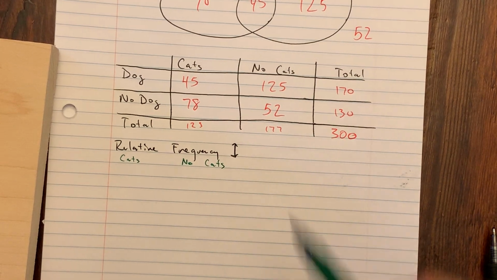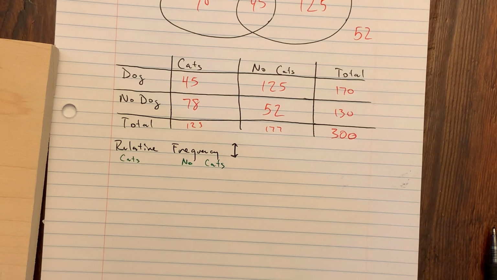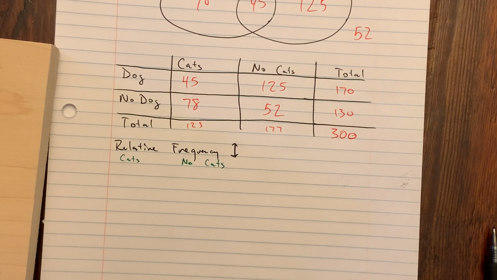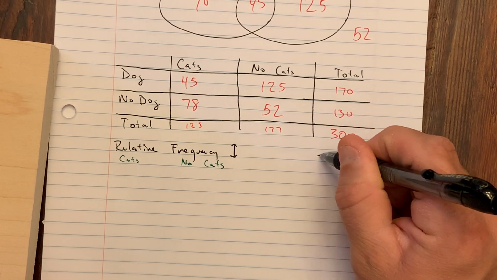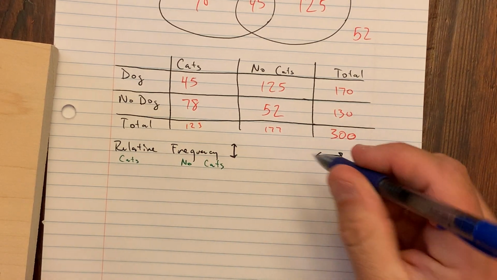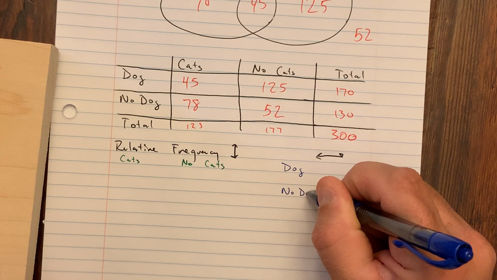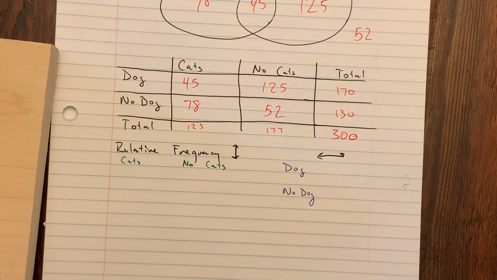Now we're looking at the data going up and down in columns, but we still have to keep in mind what's going on over here with dog and no dog. And then we have to go by row as well. And when we do that, we have dog and no dog. But still, we still want to keep in mind that that is coinciding with the ideas of cats and no cats.